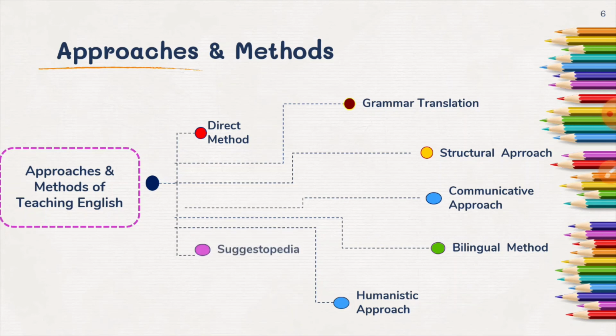Our next and last method of teaching is Suggestopedia. As the name suggests, Suggestopedia combines 2 words, suggestion plus pedagogy. Okay, so Suggestopedia is based on the idea that learning a language basically requires a relaxed mind.